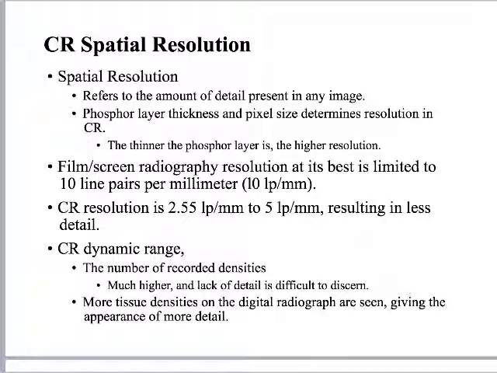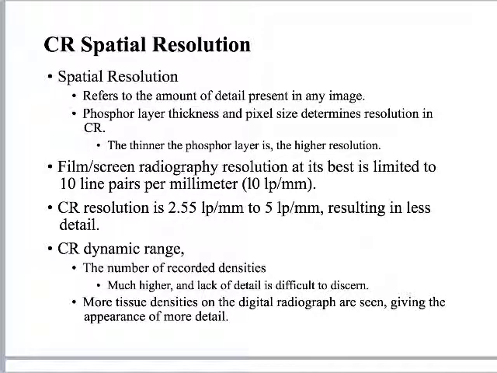So less detail. Where CR wins the day, and we've talked about this in the past, is in its tremendous dynamic range, right? It has a really, really wide number of recorded densities that it can pick up. In fact, it's such a huge dynamic range that I said we can just leave the cassettes out in the department. We don't have to worry about shielding around the cassettes.